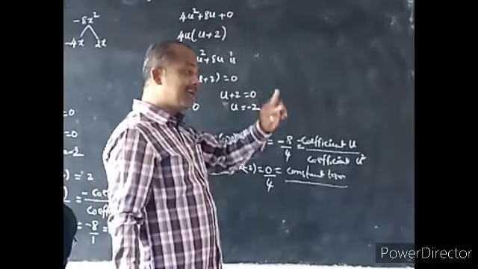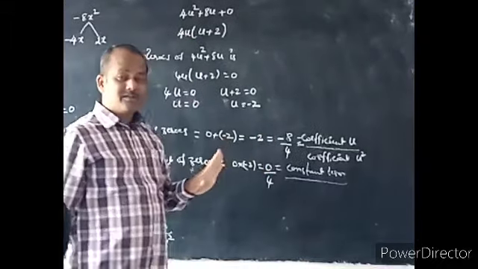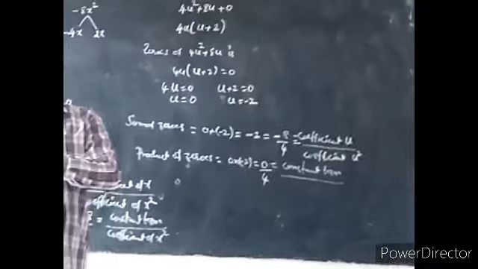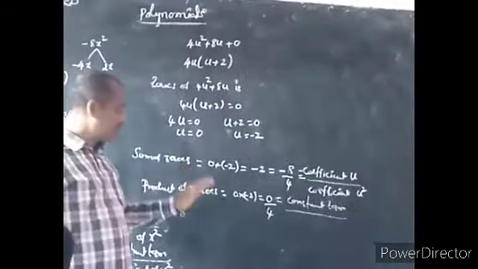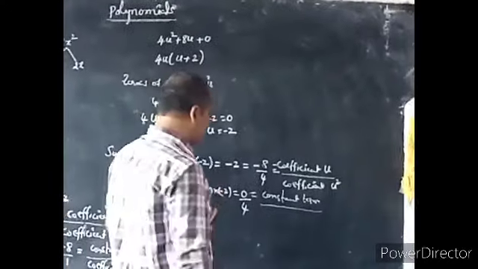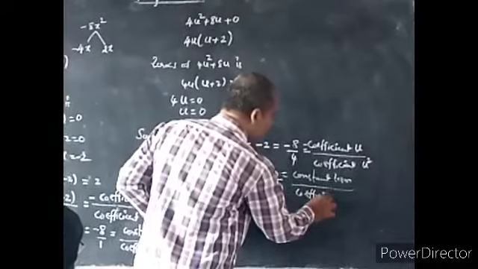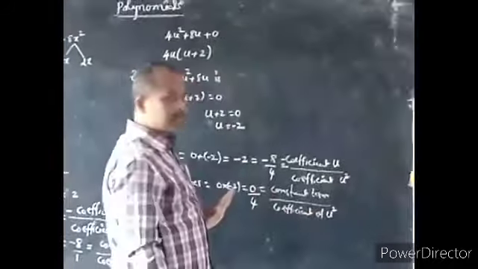But if you divide a number by 0, it is not defined. 0 by any number is 0 only. Coefficient of u square.